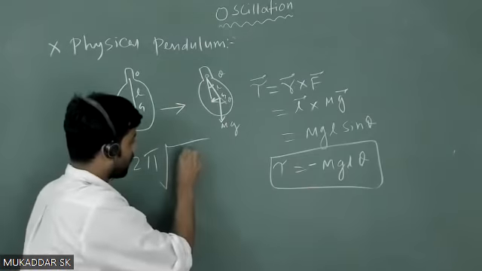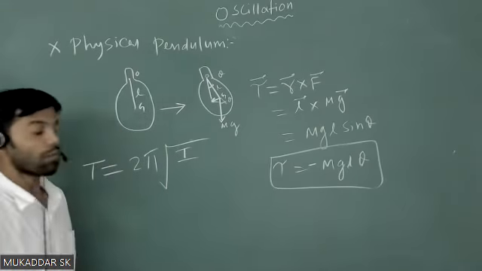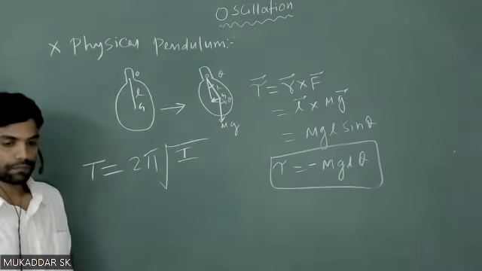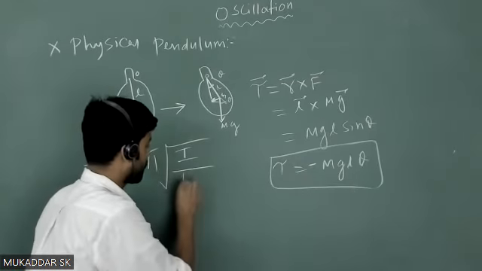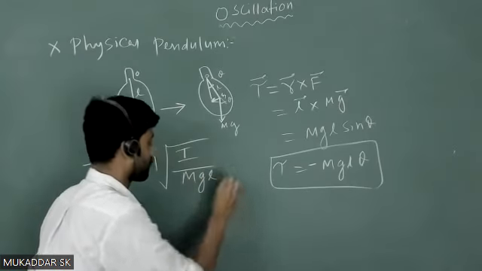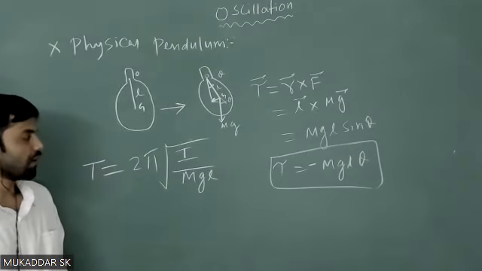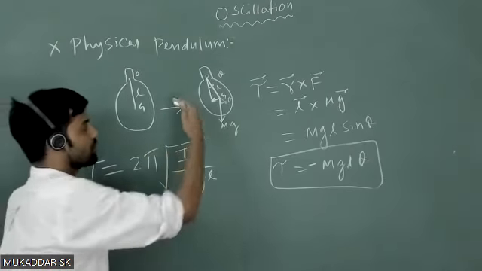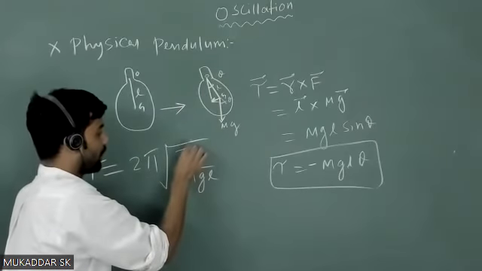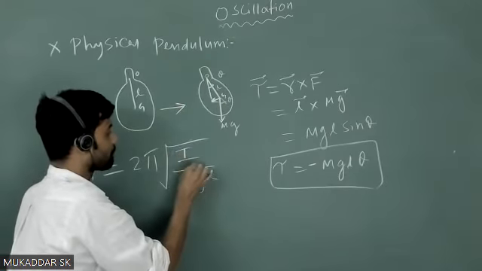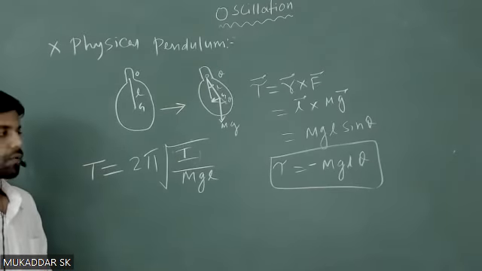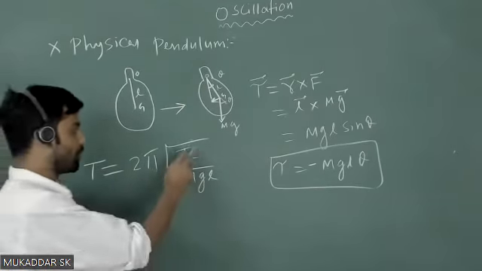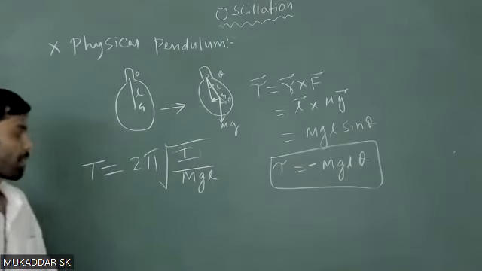So you have to take I, the moment of inertia, divided by k, and k is how much? mgL. So what changes for rotation is that in place of m you have to write the moment of inertia, because you know from the concept of rotation that I plays the same role as mass.